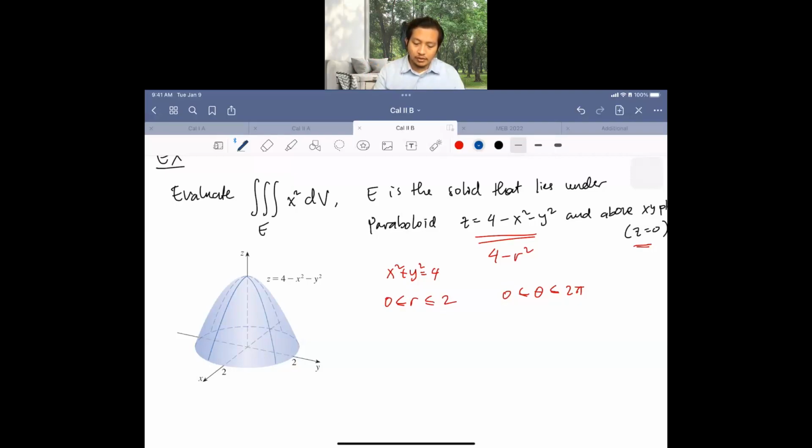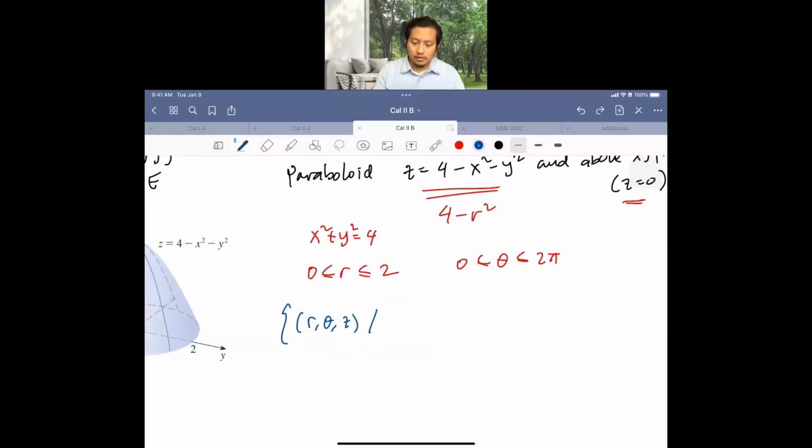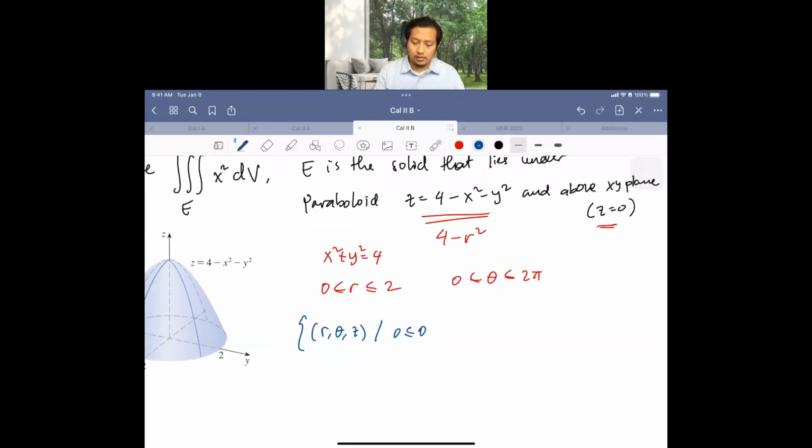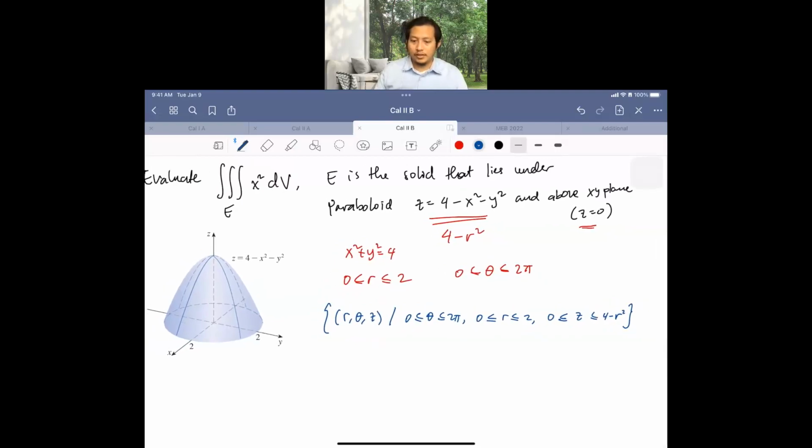So first, we could write r, theta, and z. Okay, that's our interval for all three variables in cylindrical coordinates.